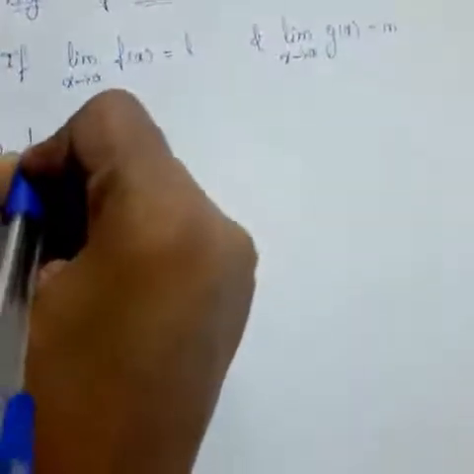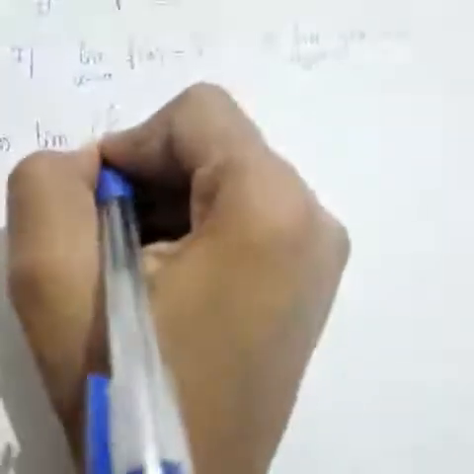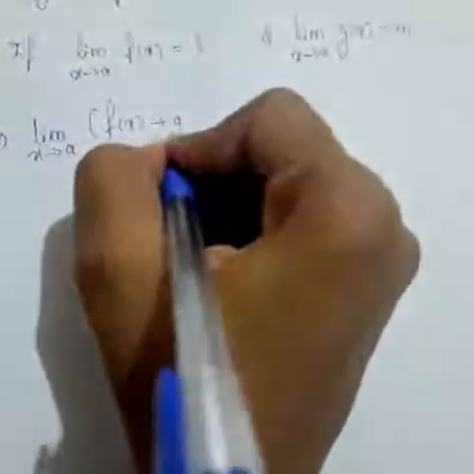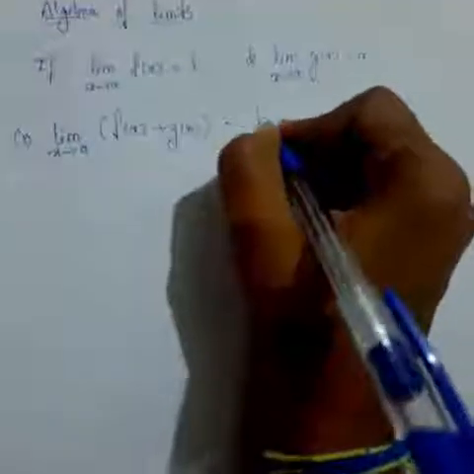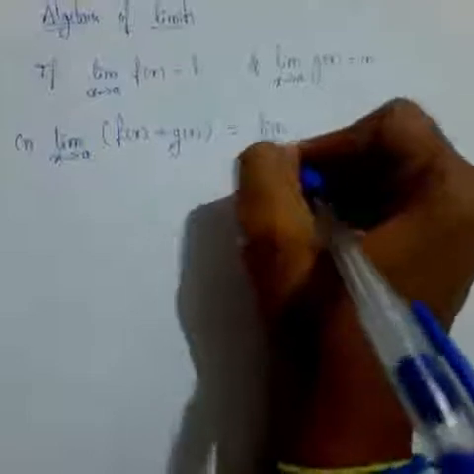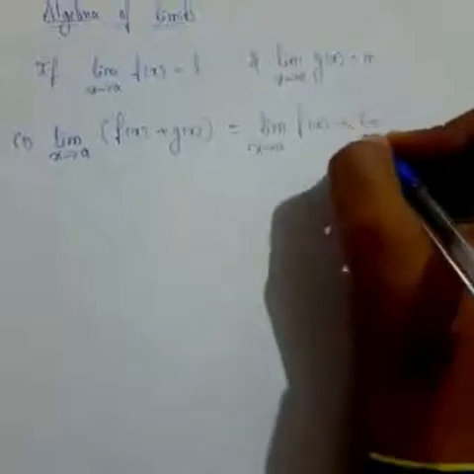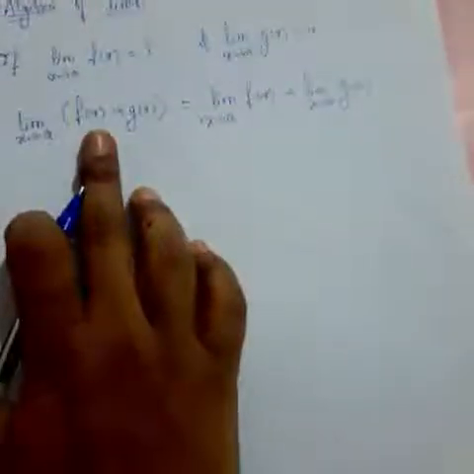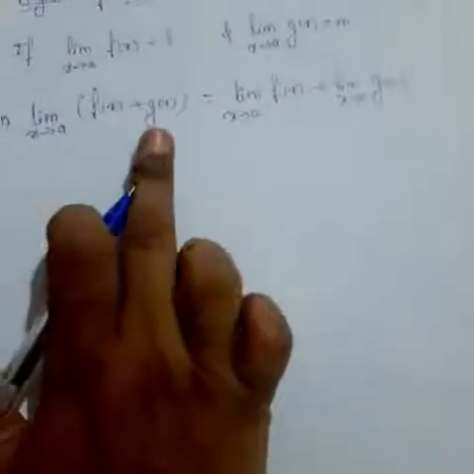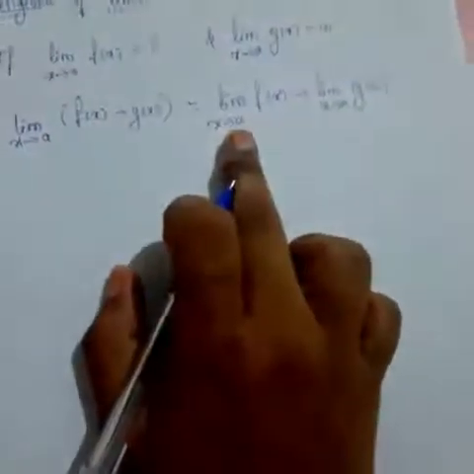See, the first one is the limit as x tends to a of the addition of two functions. How to find the limit of the sum of two functions? Separate it as the limit as x tends to a of f of x plus the limit as x tends to a of g of x. Instead of adding the two functions and then taking the limit, just separate these two limits.